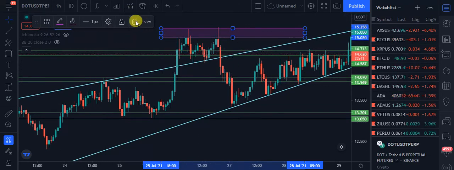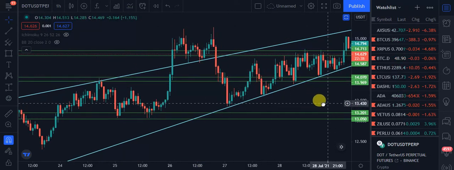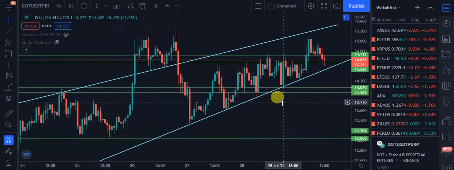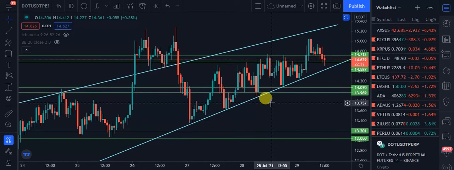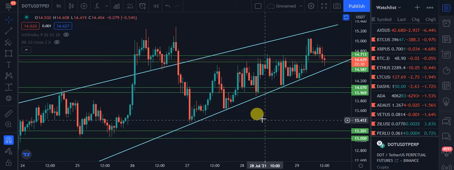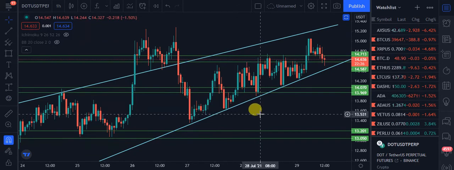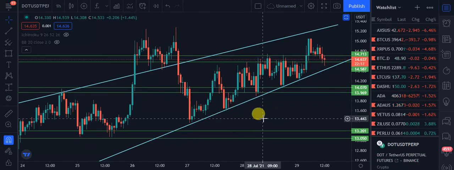So you must be able to spot the important patterns in the market. Make sure your trend lines are strong levels. Make sure your supports are strong levels, so as to avoid entering trades you are not meant to enter. Once those things are met, your trend line, your support level, and you are able to identify different patterns and know the candlestick story, candlestick analysis in the market, then you will be profitable.